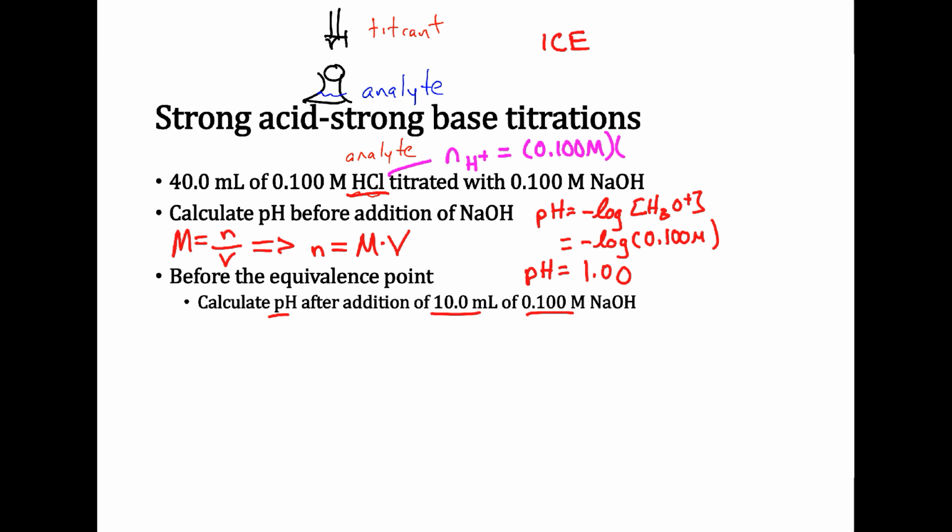Recall that there are 1,000 milliliters in a liter. So we multiply that by 0.0400 liters. So to start with, we have 0.00400 moles, or some people would write this as 4 millimoles.